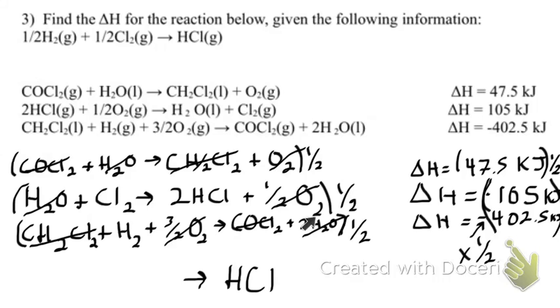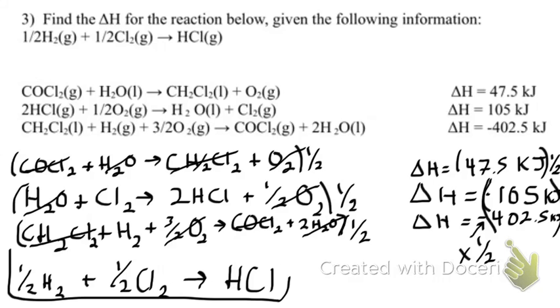Here we have 1/2 multiplied by 1, so we have 1/2 Cl2. And here we have 1/2 multiplied by a whole, so we have 1/2 H2. And this is the completed half reaction.